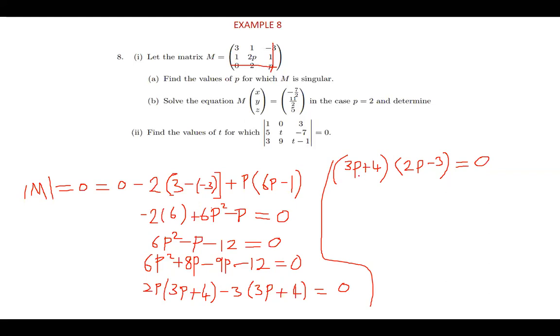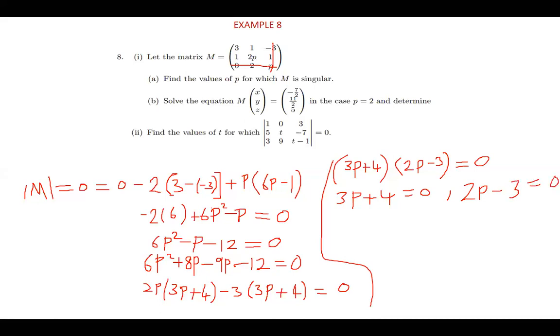And then what we do here, we now equate 3p plus 4 to 0. And you also equate 2p minus 3 to 0.